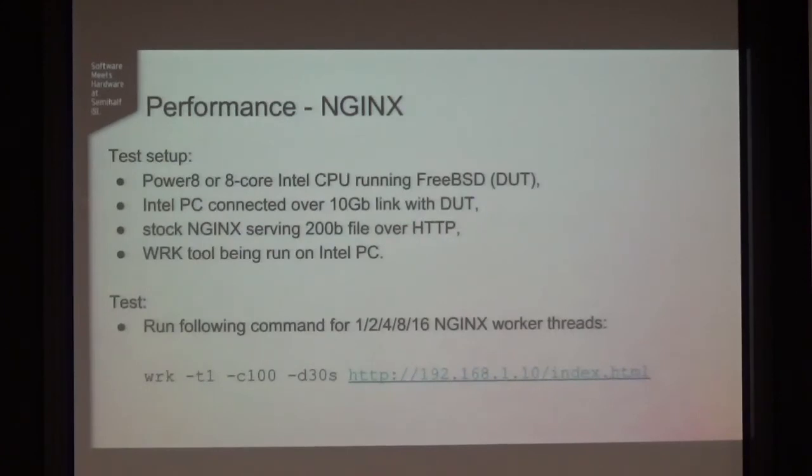I was trying to find a scenario which could show differences between an Intel CPU and a Power8 core. So I started looking and I found a very nice tool called wrk, whose main purpose is to generate requests per second. So we can stress Nginx and see how many requests it is able to handle depending on the threads and on the workload we provide.